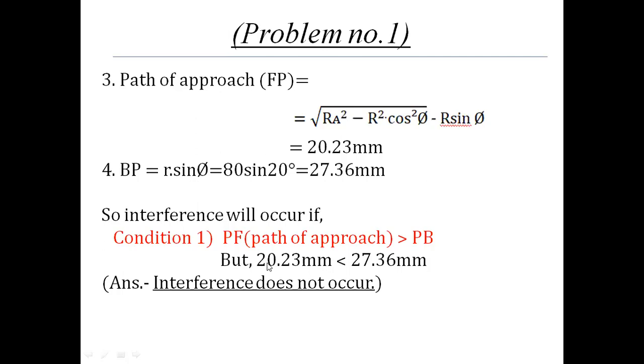But here we are getting PF as 20.23, which is smaller than PB, 27.36. So if this condition were happening, interference would occur, but that condition is not satisfied, so interference does not occur. Clear? This condition is not satisfied, that means interference does not occur.